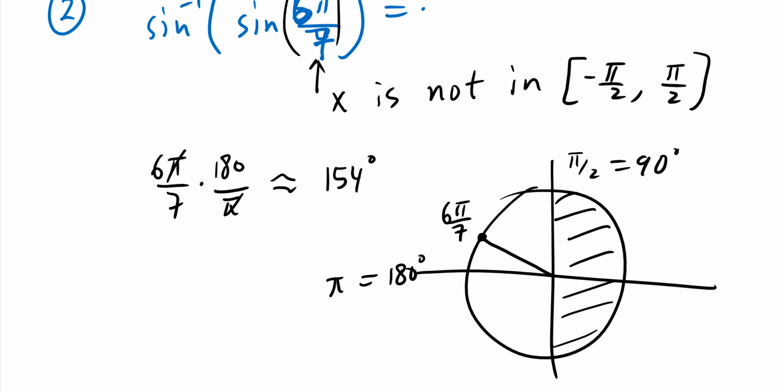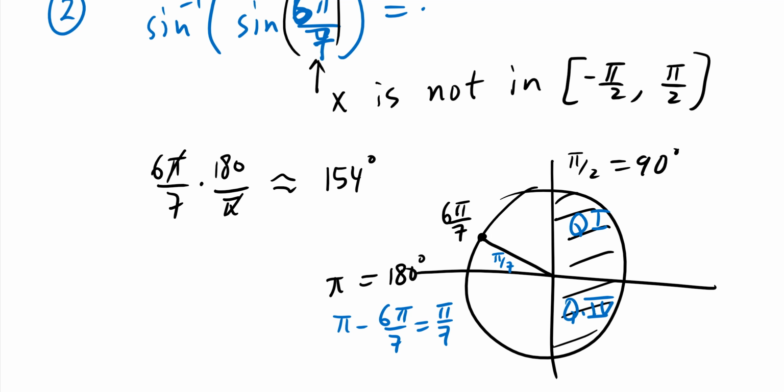Now, how do I find the other angle? How do I make it land in the first quadrant or fourth quadrant? It must be in one of these. So how do we manage this? The whole angle is pi, so pi minus 6 pi over 7 is pi over 7. This angle here is pi over 7.